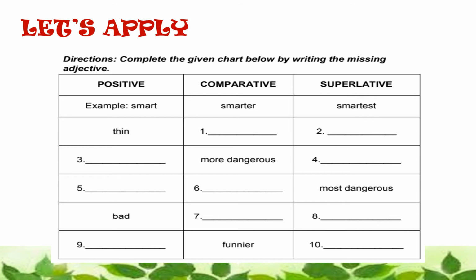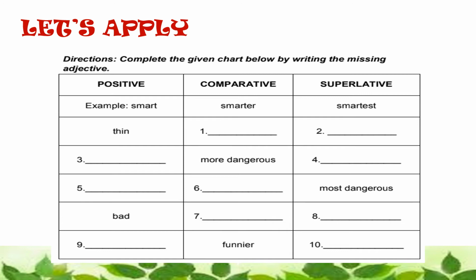So what you're going to do is complete the given chart below by writing the missing adjective. Each one has a missing adjective, whether it is a comparative, superlative, or a positive that is missing. Here in the example, we have the word smart for the positive, smarter for the comparative, and smartest for the superlative.